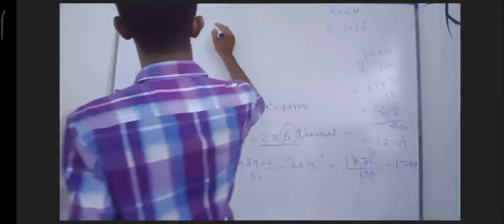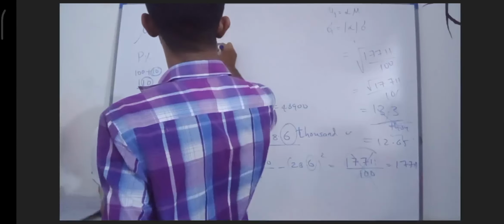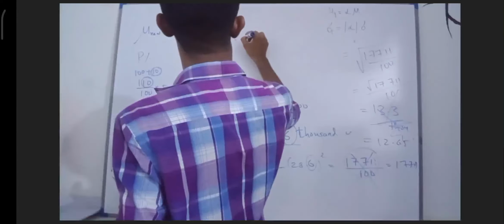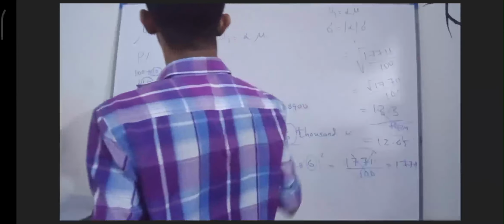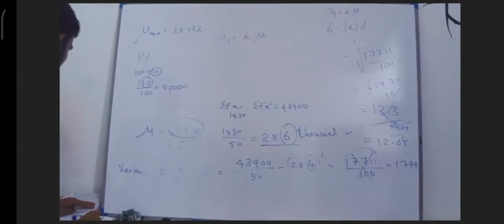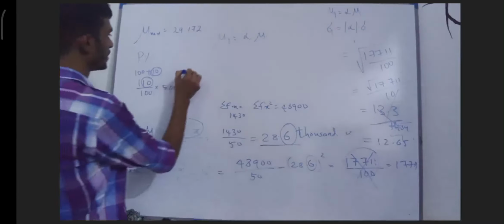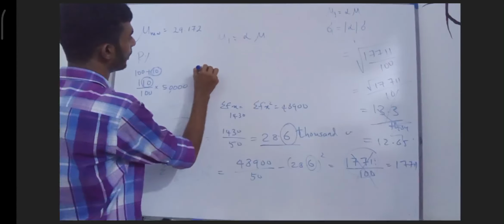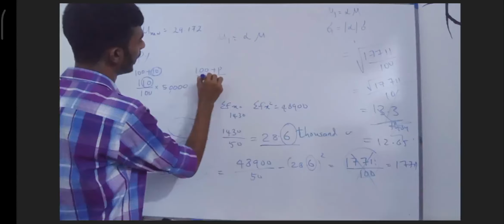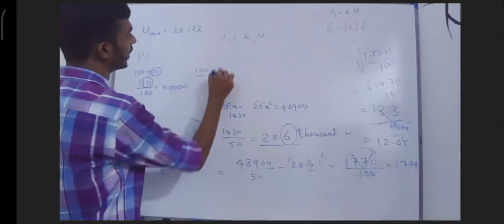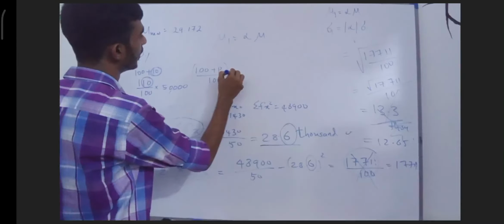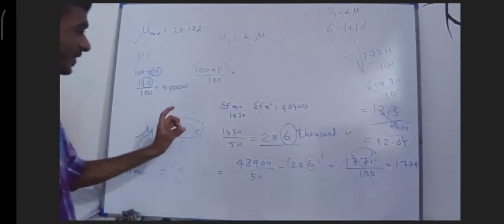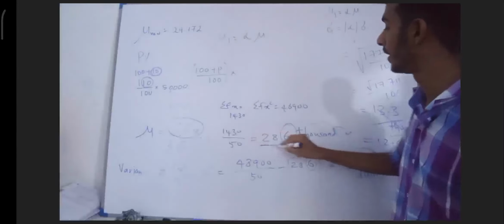So mu new is equal to, now mu 1 is equal to alpha mu. Now my new salary is 100 plus P divided by 100 into xi. Here I'm going to take the previous salary.